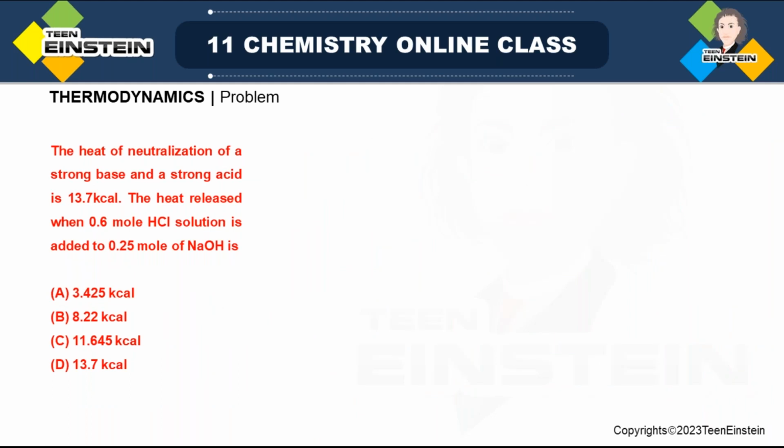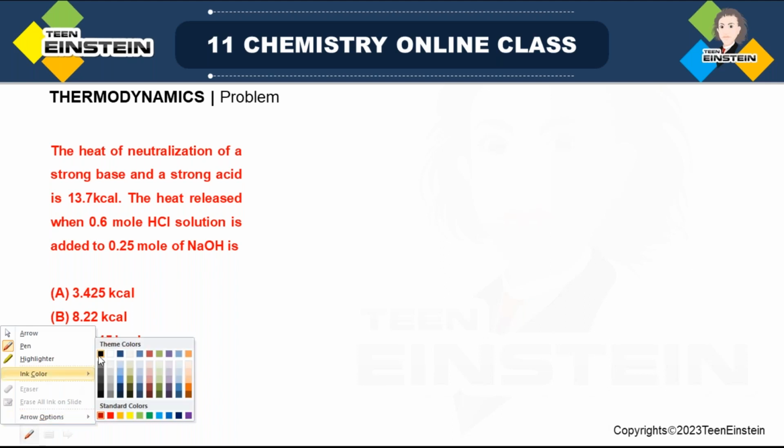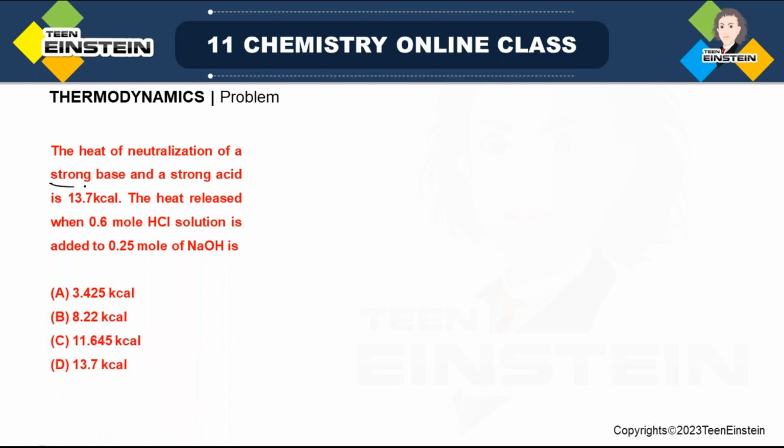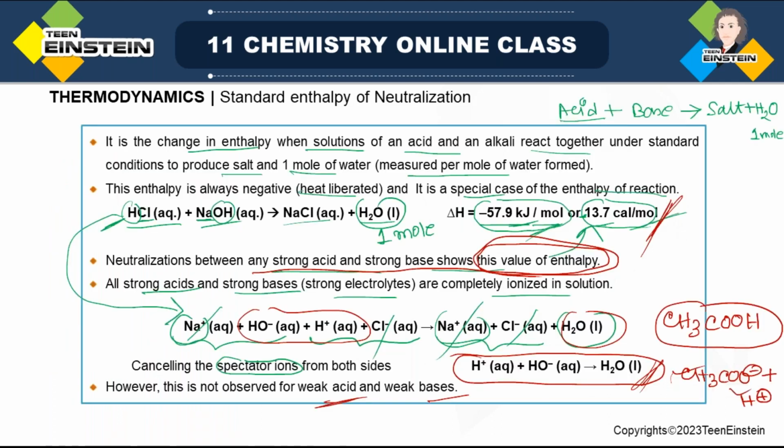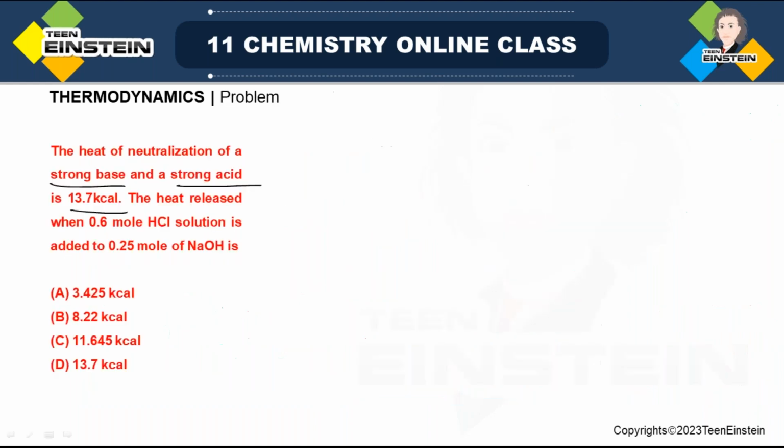We solve a problem based on this neutralization. Heat of neutralization of a strong base and strong acid. See, this value is now given, which is mentioned here. Sorry, it will be kilojoule, not kilocalorie, not calorie. So in this problem it is mentioned, but try to remember these values in case it is not mentioned.